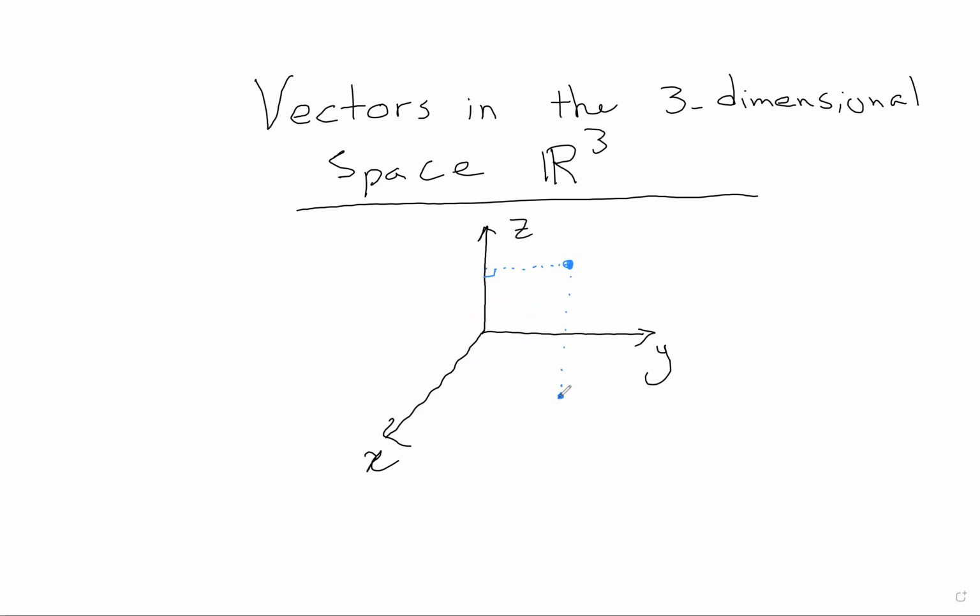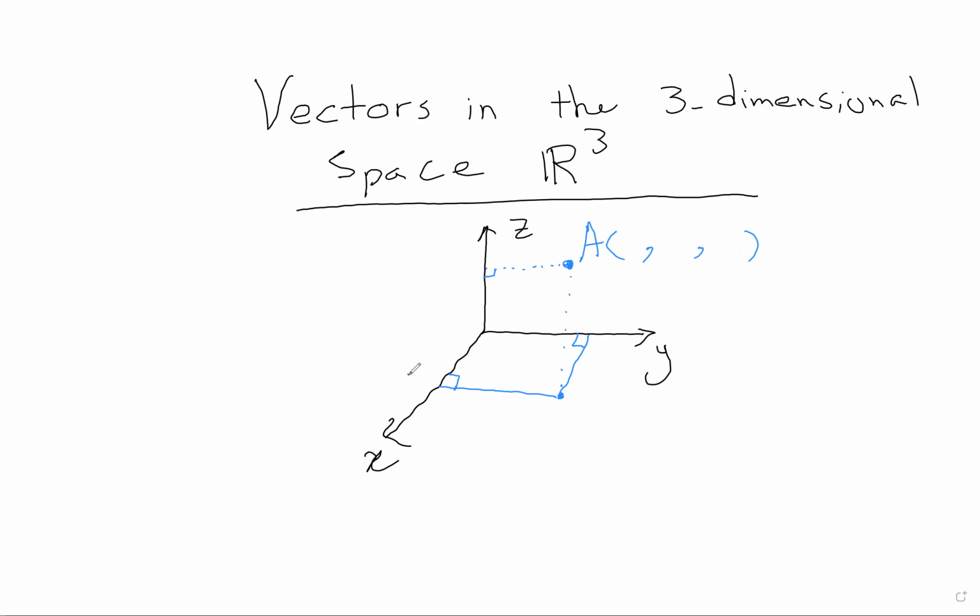Then I project that on the X and Y axis. Again, all of these are right angles, but since we are drawing these three-dimensional coordinates in two dimensions, it's not very clear that they are right angles. So this point, suppose, is a point A consisting of three coordinates.